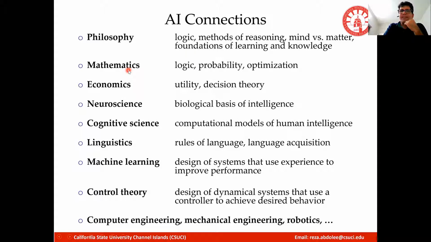Mathematics is there: you need logic, probability, and optimization skills. Economics also is there, with the definition of utility and decision theory. Neuroscience is there: you need to understand how the brain works. Cognitive science: how to model human intelligence using computational models, linguistics, and so on. These are the fields required to make a perfect intelligent agent.